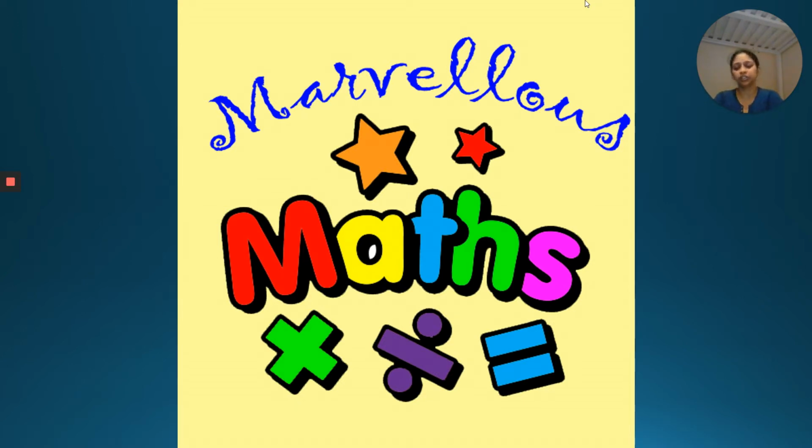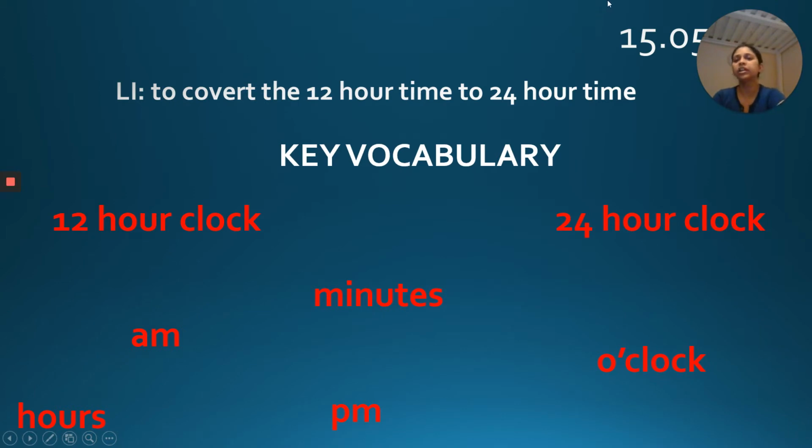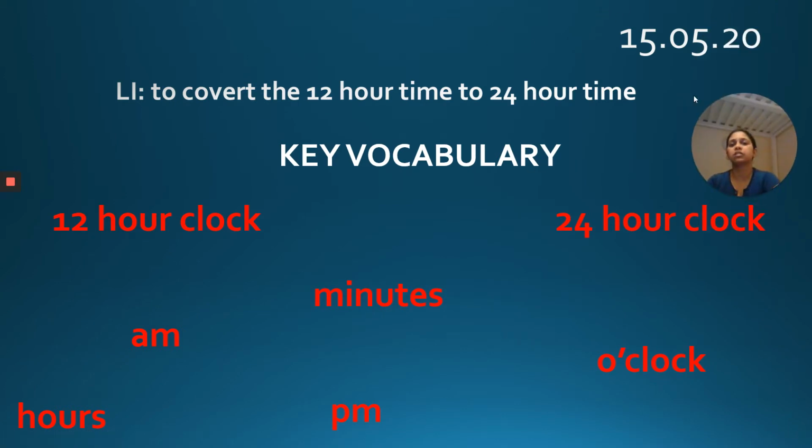Okay, so let's start our lesson. For today in your maths lesson, it is to convert the 12-hour time to your 24-hour time. It is just similar to yesterday's lesson. I will be giving you a 12-hour time and you need to convert it into 24-hour time.